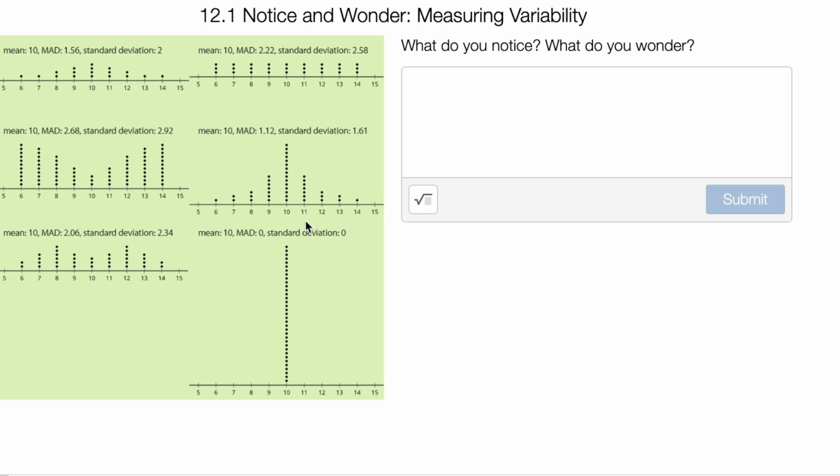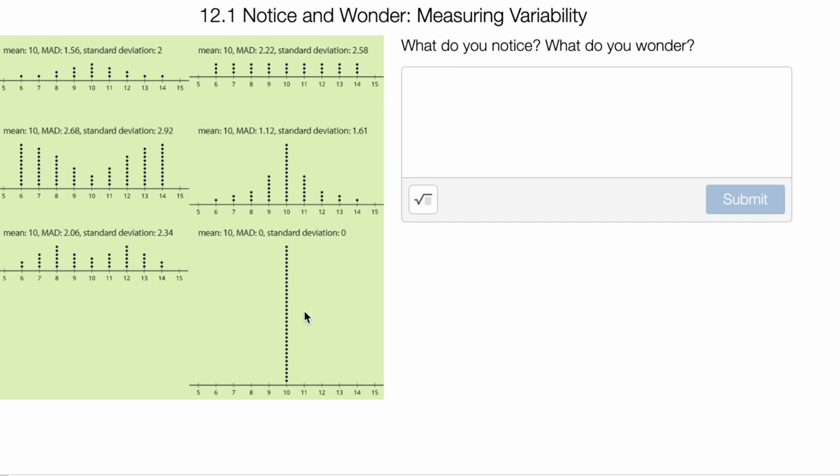This last one, the dot plot that has all of the data values on 10, has a mean absolute deviation of 0 and a standard deviation of 0. That means there's no variability. All of the values were on 10, so the data did not vary at all. The standard deviation is always greater than the mean absolute deviation, except on this last dot plot when they were both 0.